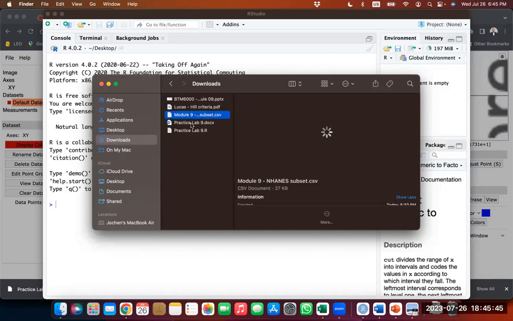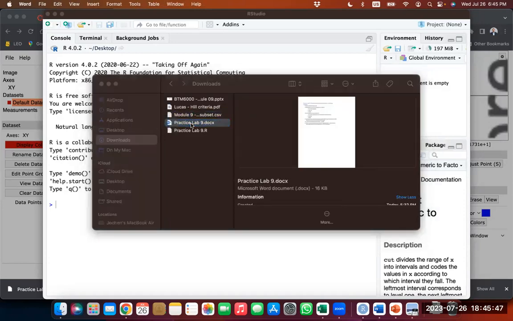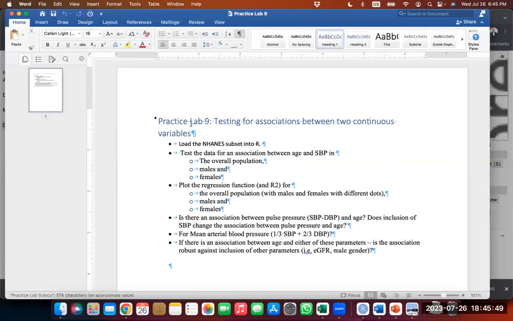Okay, so we have practice lab number 9 today. We have 45 minutes left, so that's ample time. Okay, forget eGFR, that's a different data set. So today we're loading a data set into R. We're testing data for an association between age and blood pressure.